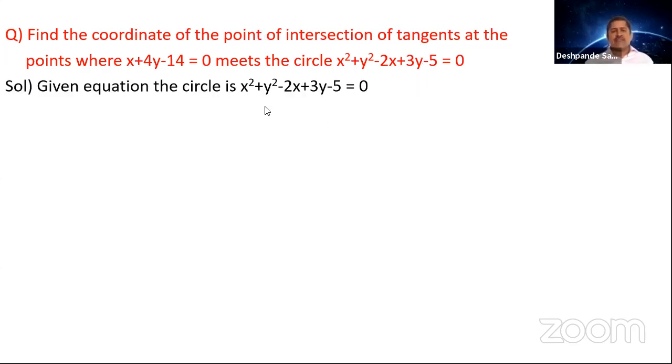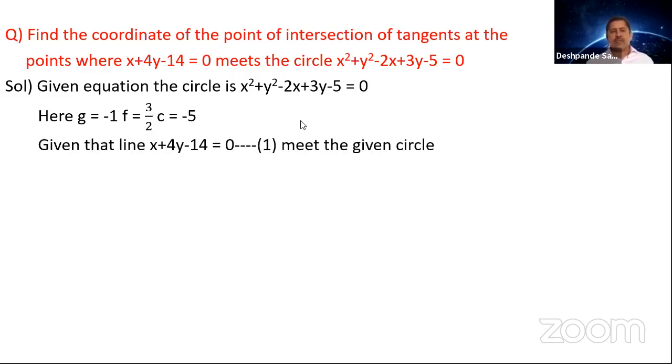So what is given here? Equation of circle x square plus y square minus 2x plus 3y minus 5 is equal to 0. So 2g value is minus 2, so g value is minus 1. 2f is 3, f value is 3 by 2 and c value is minus 5. Now what is given is the line x plus 4y minus 14 is equal to 0. This line meets the given circle.